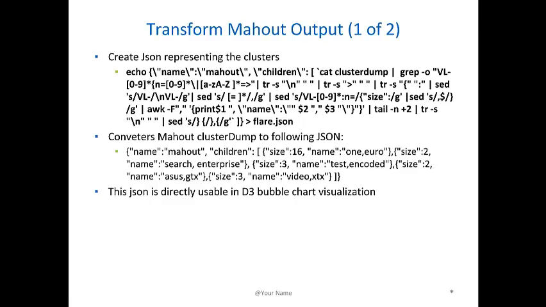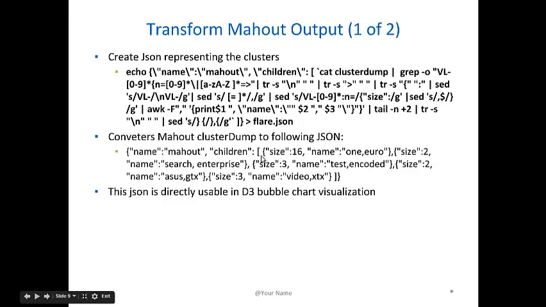So next is the main command actually, which now transforms this cluster dump output of Mahout into something quite readable and directly usable. It transforms it into a JSON which is stored in the flare.json file. Now this JSON is directly usable in a D3 bubble chart visualization. So there is a root node in this JSON, and it has a bunch of children. Each child represents one cluster.